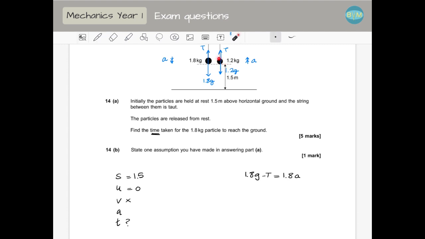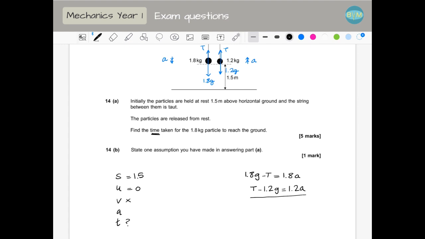I'm going to write the same for this particle, but this particle is moving up. So this one is greater, so I write this one first. Resultant force is T minus 1.2g, and this is equal to mass times acceleration.